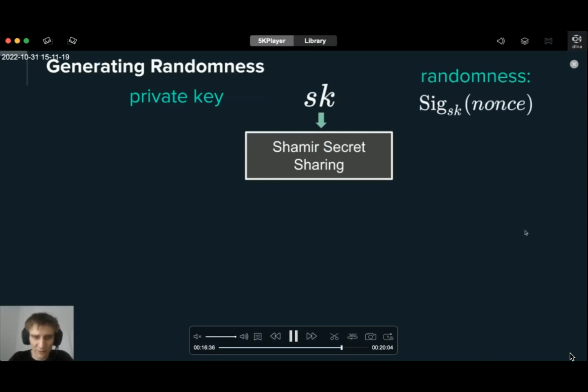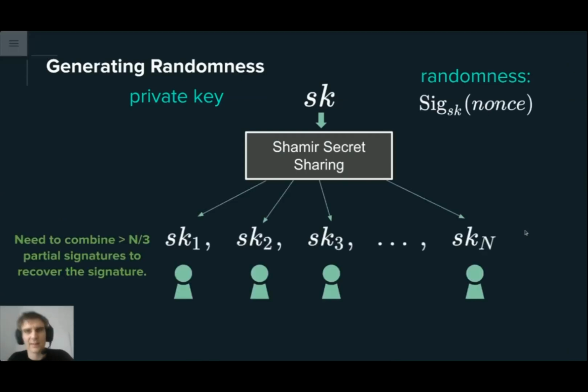Anyway, how we normally generate randomness is we generate a BLS key, we share it among the n nodes, and then we get randomness by signing some nonces. The unpredictability comes from the fact that actually no one holds the secret key.